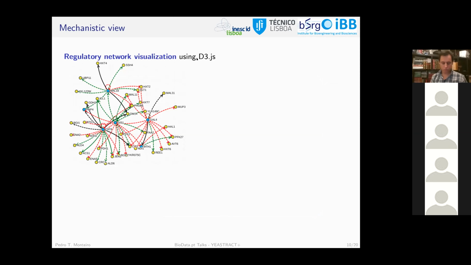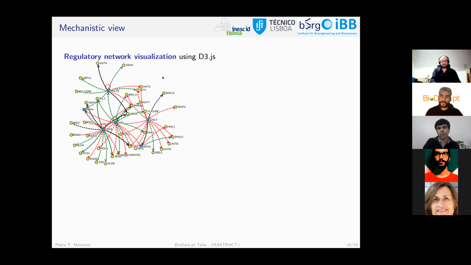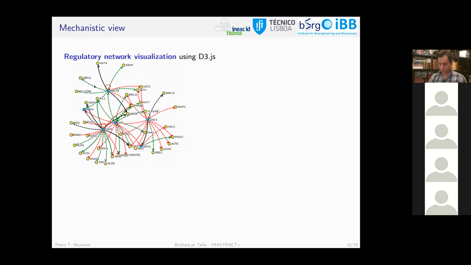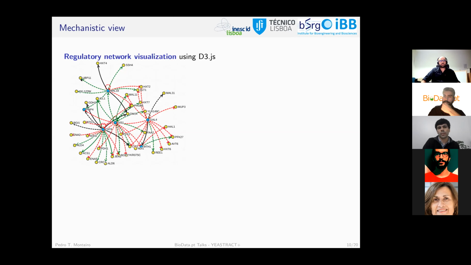Here we experimented a few things, and we settled with the JavaScript visualization framework called D3. People more computational should know it. And the code that we see here is, if it's dashed, it means that there's no direct evidence, and there are only supporting papers saying that it is a positive interaction, but it's indirect.